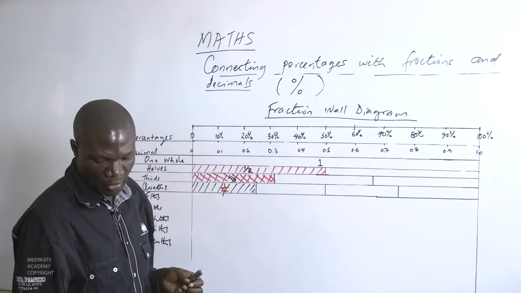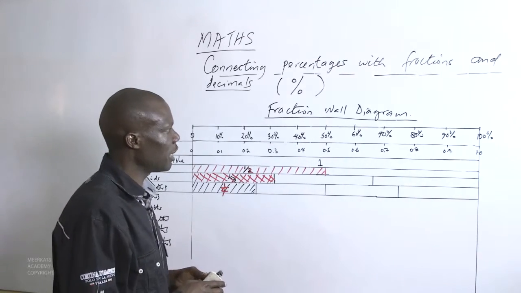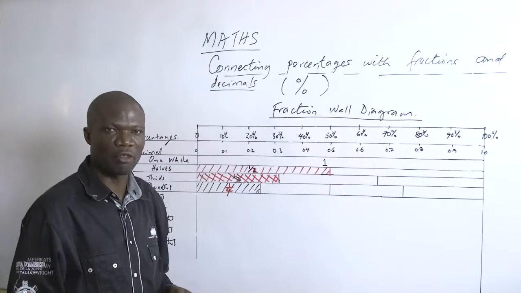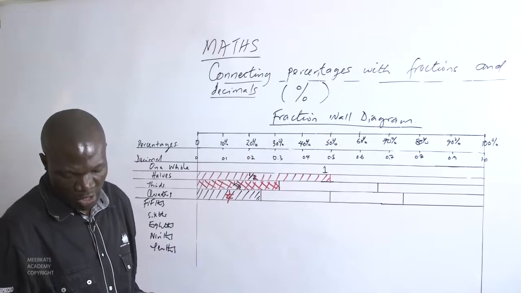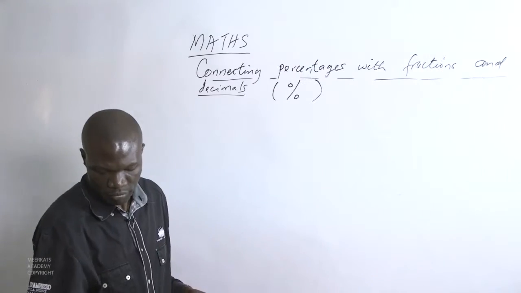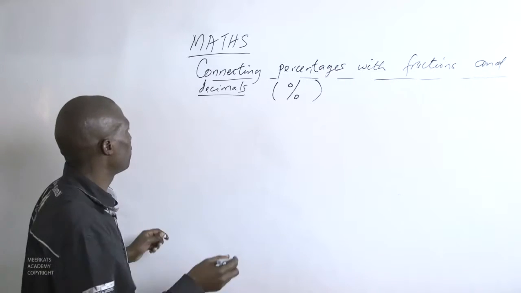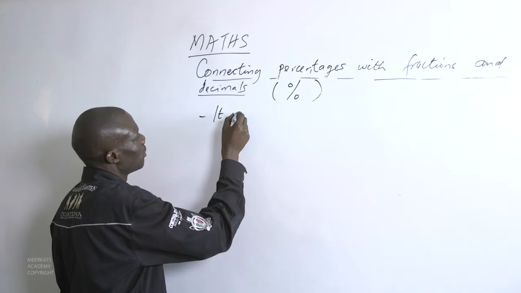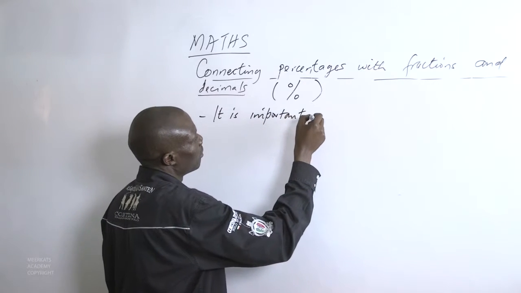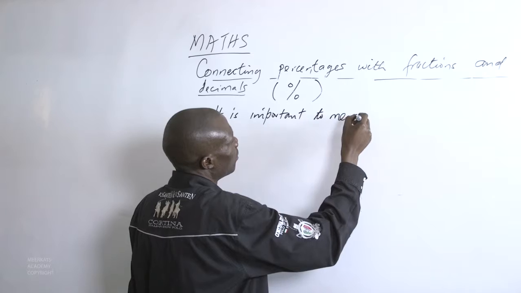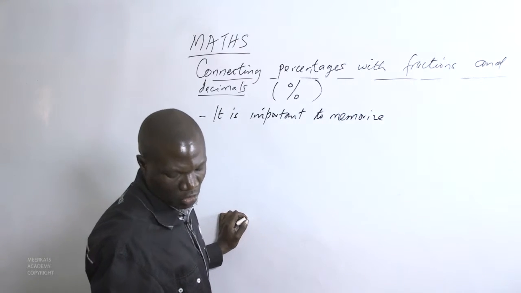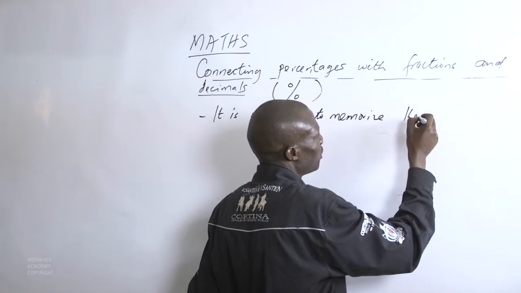So to continue, I want also to say that besides the fraction wall diagram that displays information for easier conversion, it is also important to memorize the most commonly used conversions.